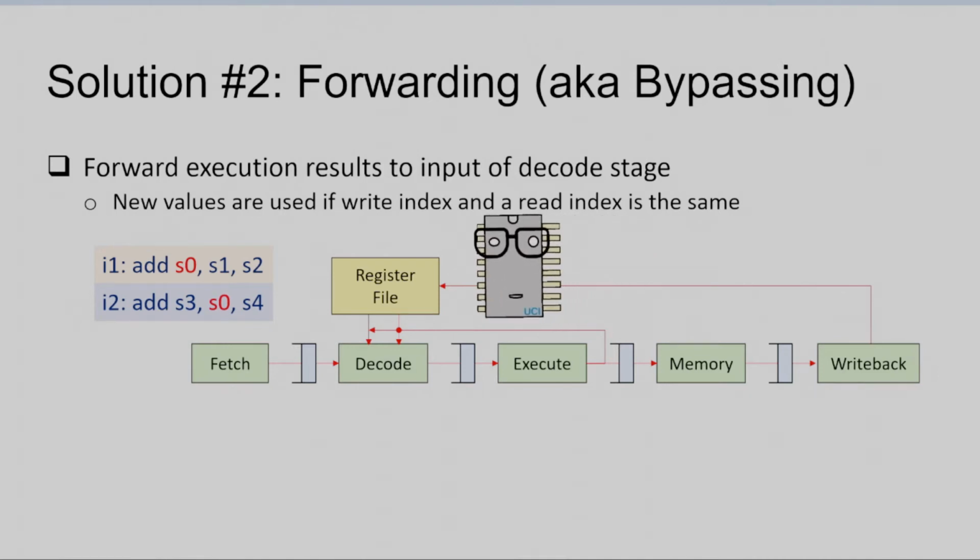And from the decode stage's point of view, in addition to stalling, because even this is not going to catch all the possible scenarios, it also looks at the forwarded results. So the execute stage has to forward which register index the current instruction in the execute stage is going to write to eventually, and the value that it's going to write.